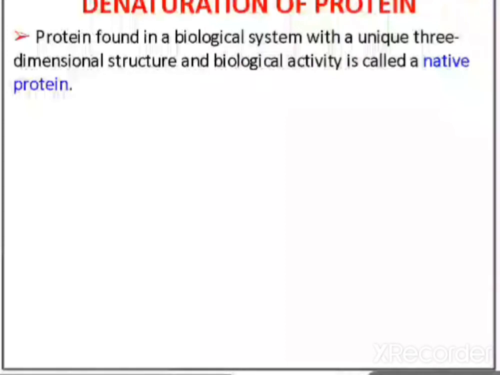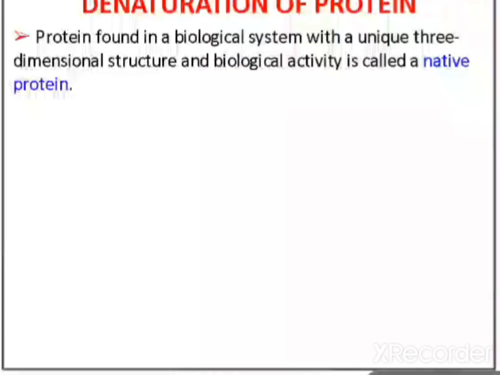It's not compulsory that all proteins have quaternary structure. Some proteins may have only secondary structure, some may have primary, secondary and tertiary, and some may have primary, secondary, tertiary and quaternary. So primary structure is a must. Secondary, tertiary and quaternary are optional.